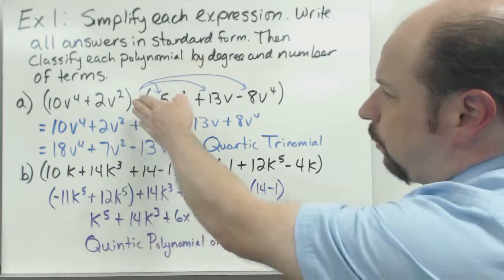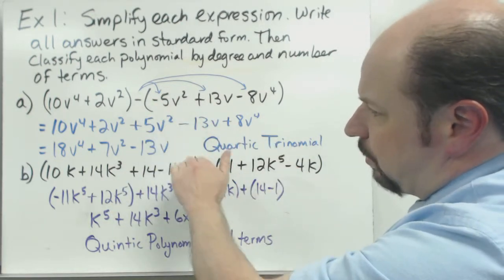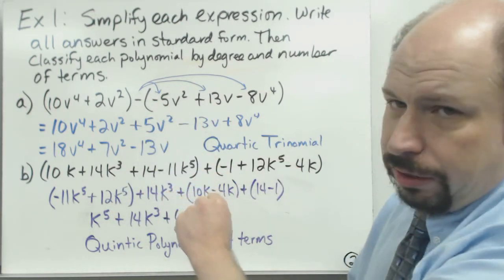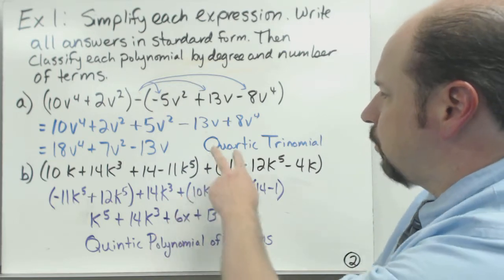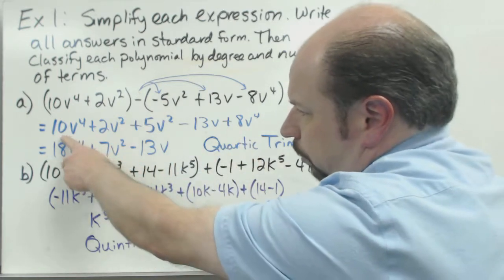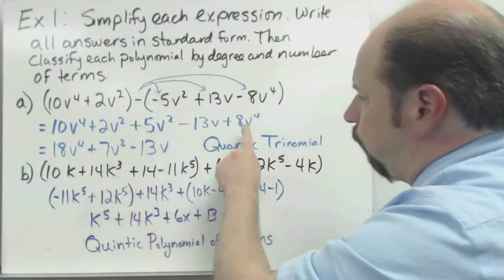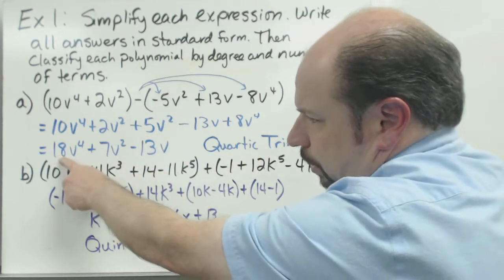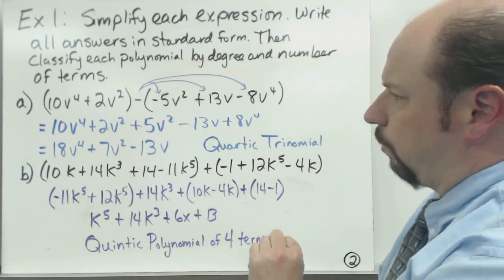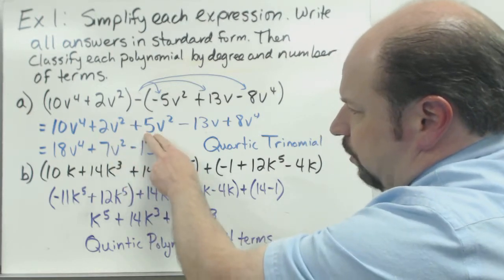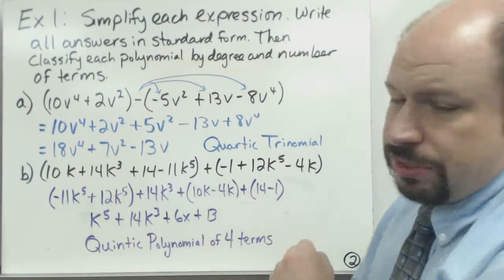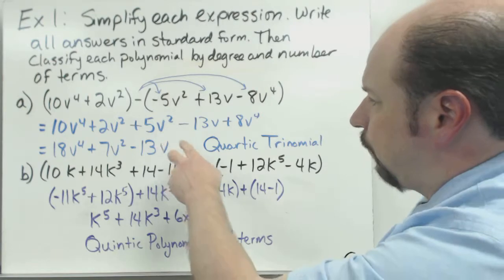But once we have distributed that negative sign and gotten rid of the parentheses, now we can go ahead and combine like terms. Notice here we have a b to the fourth and a b to the fourth. So 10b to the fourth plus 8b to the fourth is 18b to the fourth. The 2b squared plus 5b squared gives us 7b squared in the middle.